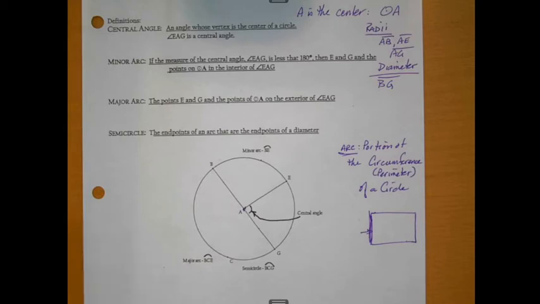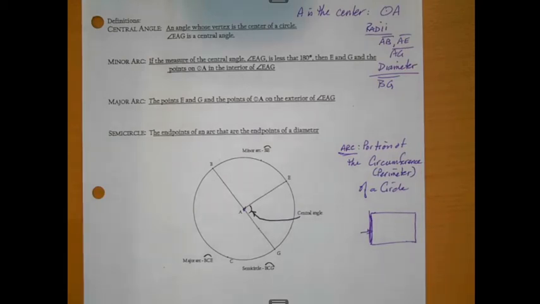So for a minor arc, the measure of the central angle is less than 180 degrees. Then the minor arc is the distance around the circle from point E to point G. Okay? So if the measure of the central angle, angle EAG, is less than 180, then E and G and the points on the circle in the interior of angle EAG form the arc.